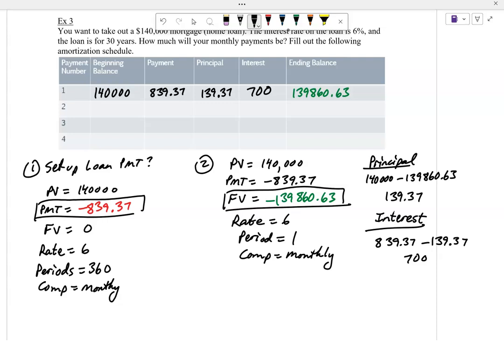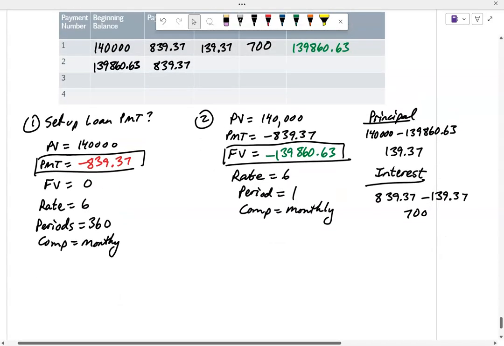So now, step 2, let's do this. We're going to do this for 4 payments. So now at the beginning of the second month, I now owe $139,860.63. I'm making the same payment. What is my ending balance?